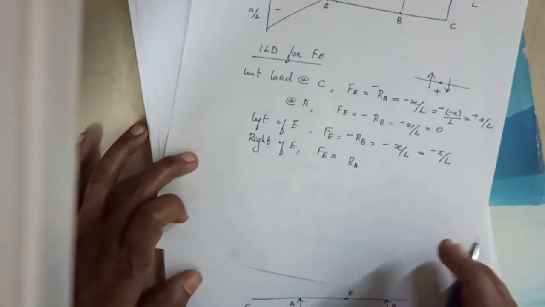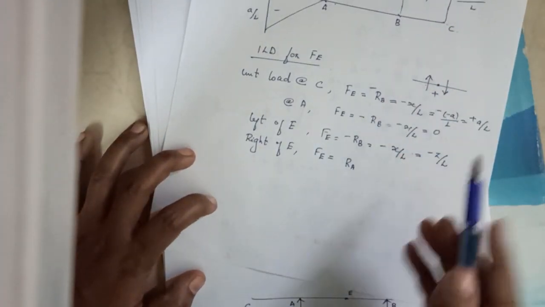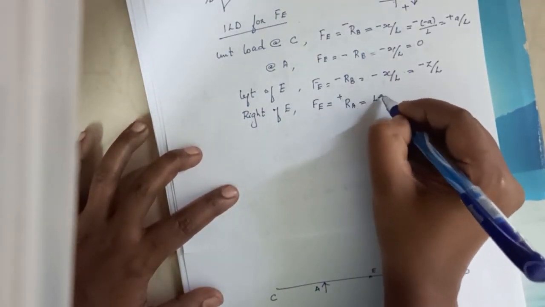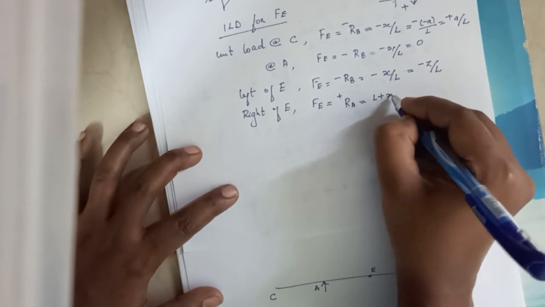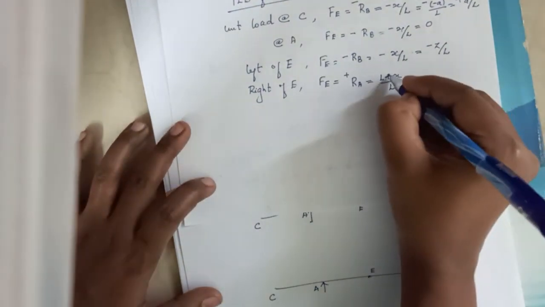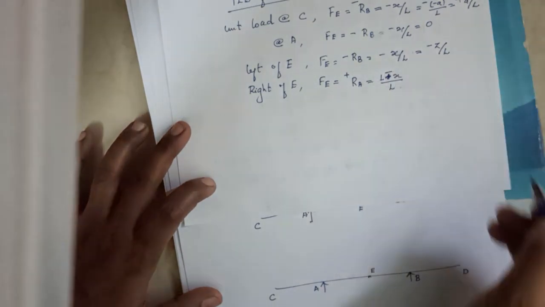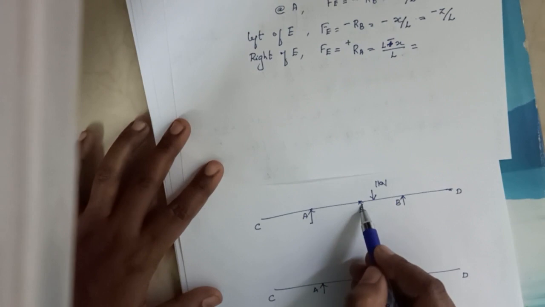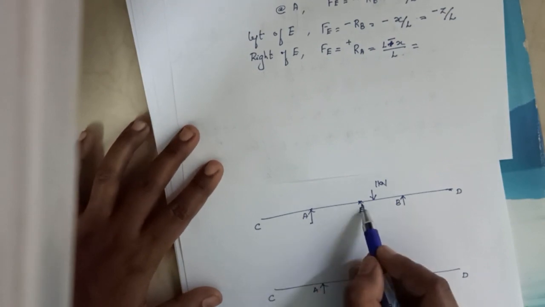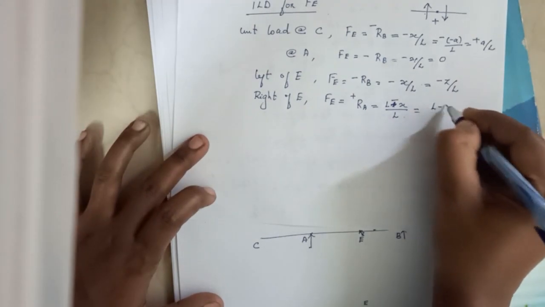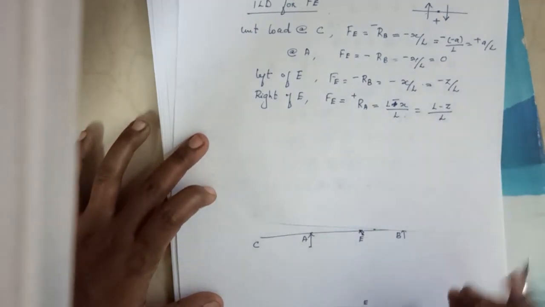Left side of the section upward force will be in plus. So plus L plus x by L, sorry, not plus, L minus x by L. Again at E x value will be equal to z, therefore L minus z by L.